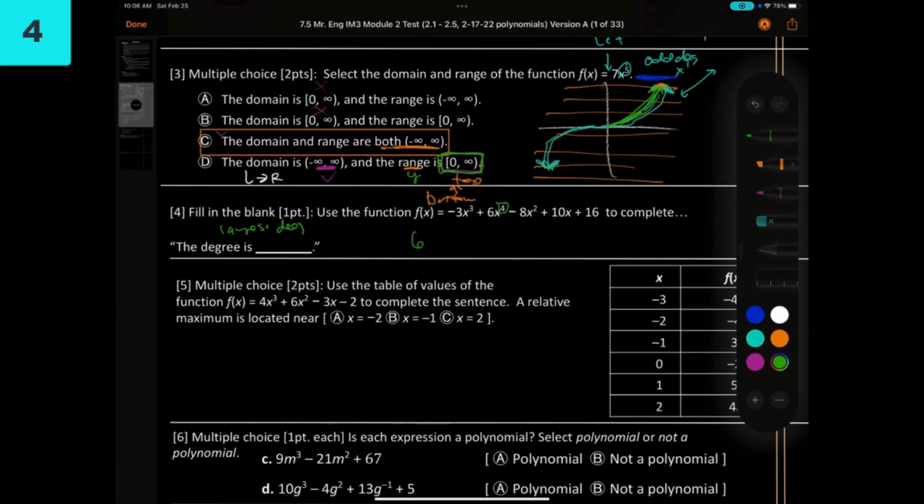The highest degree goes first, and then the 3, and then the 2, and then the 1, and then the 0. And then the one with the highest degree, that is the degree of our polynomial. The common mistake is to think that it is the first one you see, and it's not.